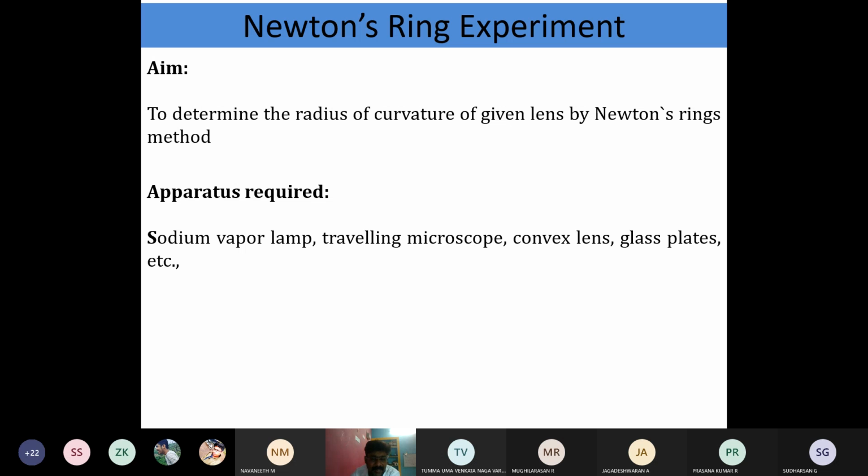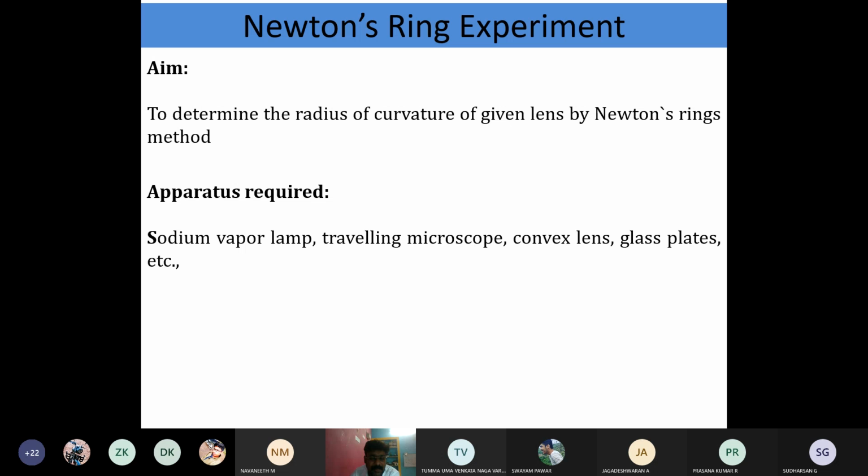The apparatus requires a sodium vapor lamp. The sodium vapor lamp is the light source, the monochromatic source of radiation that falls over the convex lens. Then a traveling microscope.